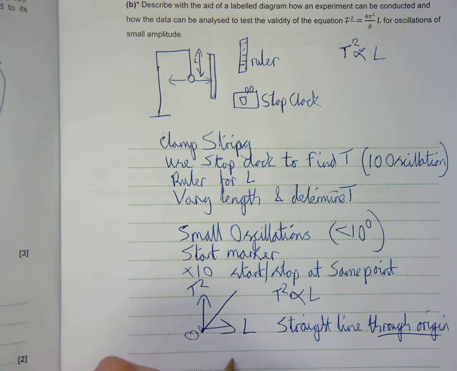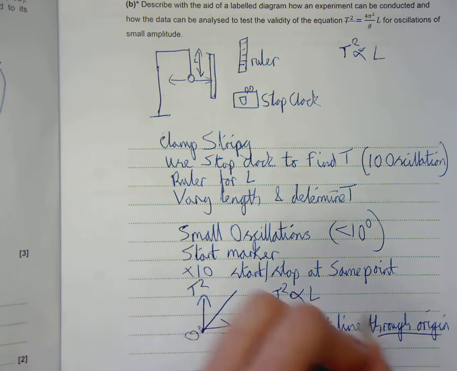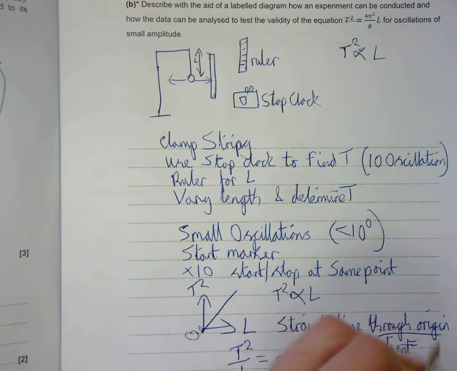You could of course use the table of results to work out t squared over L and see if that's a constant. Again, that would be an acceptable method. What is the gradient of this line? Well, using your formula, the gradient will simply be 4 pi squared over g.